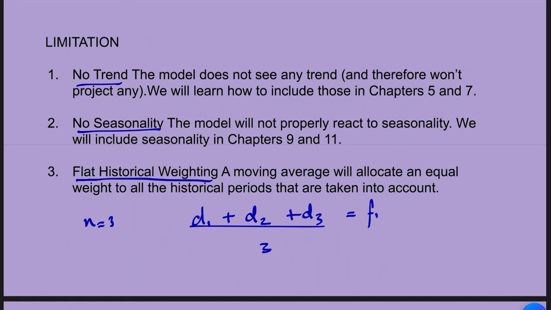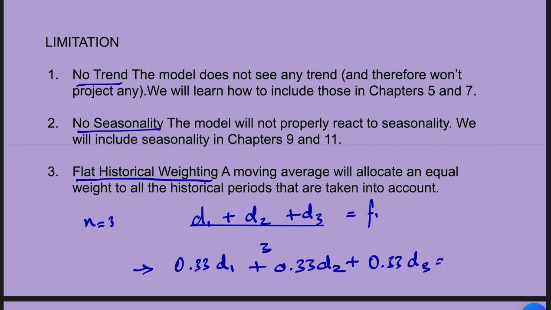The issue in this formula is that it provides equal weightage to all of the demand that we have, which is 0.33 times d1, and that is slightly wrong, because the historical demand may not provide as great a forecast as the newer demand.